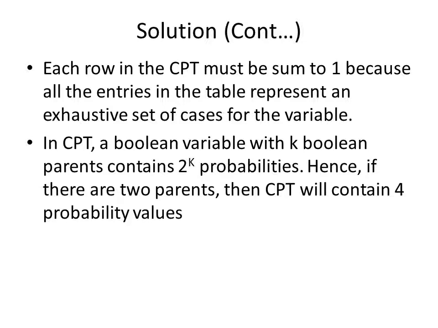In a conditional probability table, a Boolean variable with k Boolean parents contains 2 power k probabilities. Hence, if there are 2 parents, then the conditional probability table will contain 4 probability values.